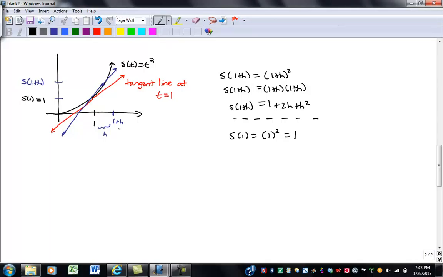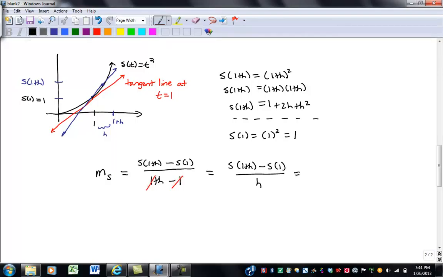And if I get that h to get smaller and smaller, that blue line gets closer and closer to the red tangent line. Well, if I'm trying to find the slope of the secant line, I get the second position, which is at 1 plus h, minus the first position, over 1 plus h, my second time, minus 1, my first time. And I get s of 1 plus h minus s of 1 over h, because the 2 1s add to 0.